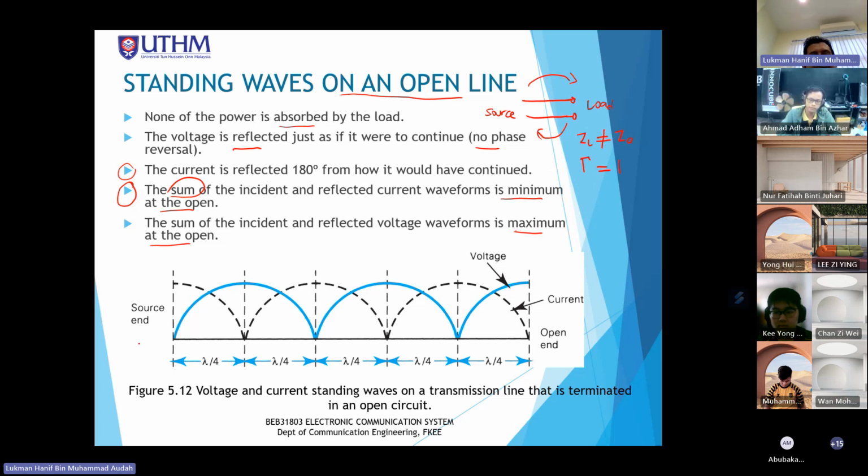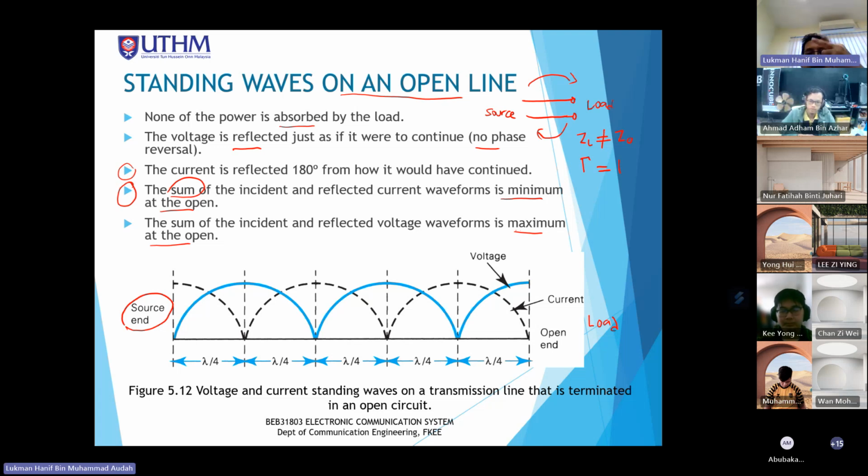Now we're going to see from the picture. On the left side is the source, on the right side is the load. There are two lines. The blue line is the voltage, showing the standing wave of the voltage, while the dotted line is the standing wave in terms of current.